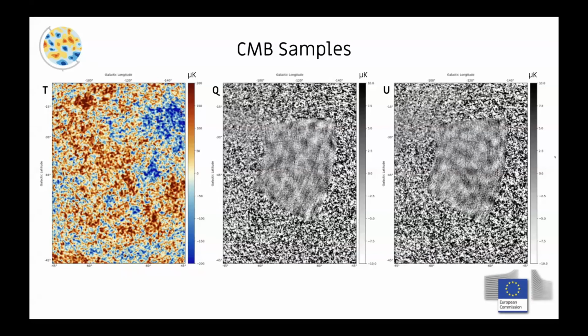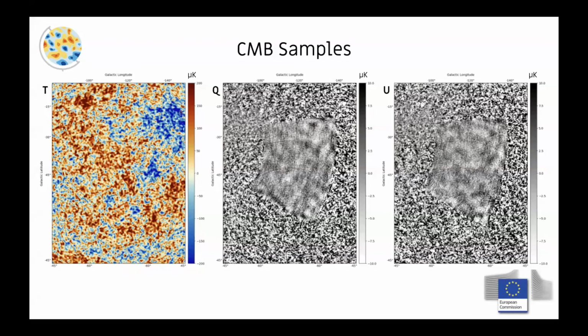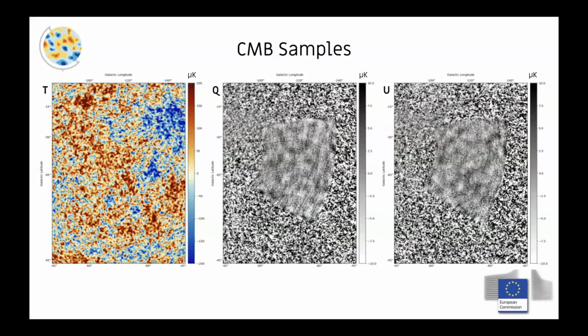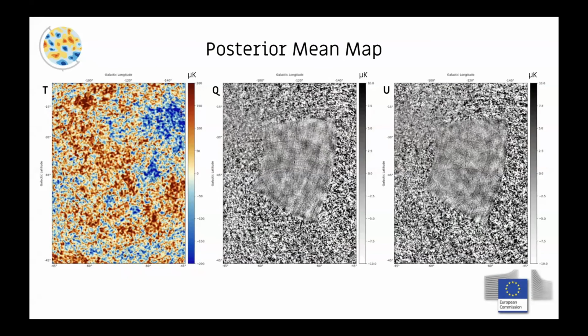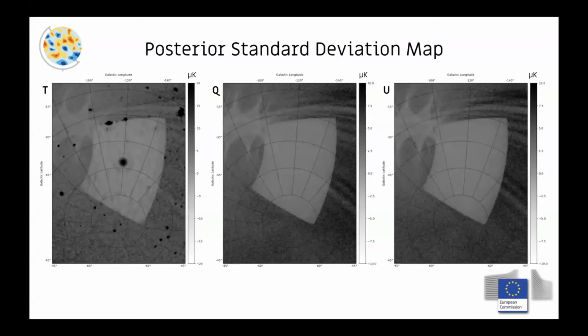Okay, and from these samples, you can compute the posterior mean map, which is just the mean of all the CMB samples that we got. Furthermore, you can compute the posterior standard deviation map, where you can see the Spider field, but also you can see the Planck scanning strategy.